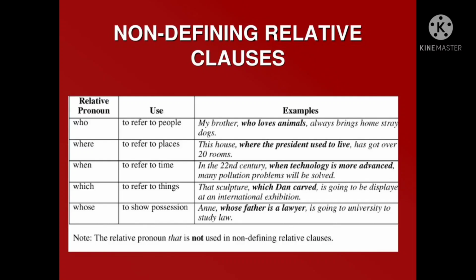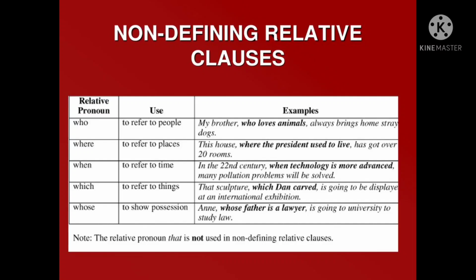In these three examples, if you observe, who is 87 refers to my grandfather, which was built in 1883 refers to the house, and whose short story impressed the judges refers to the award which was given to Sarah.